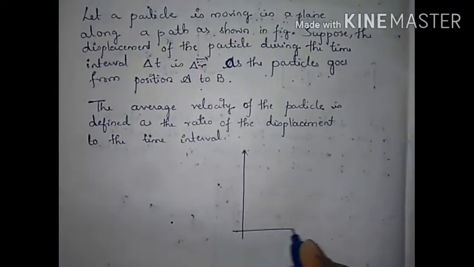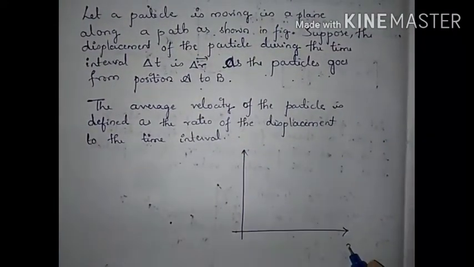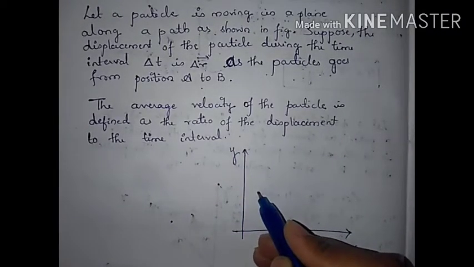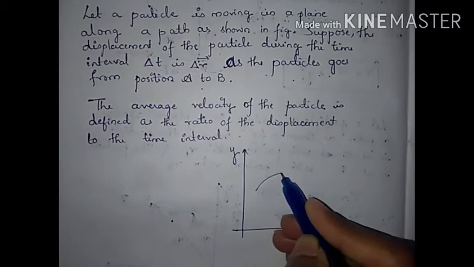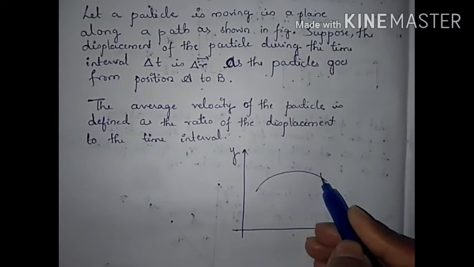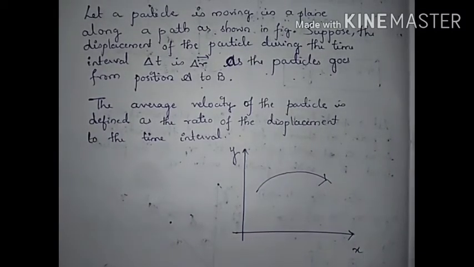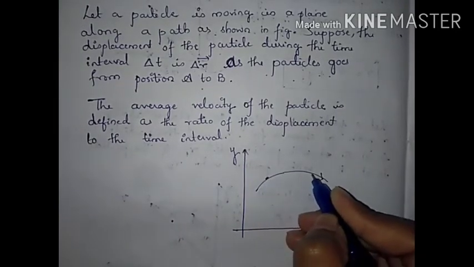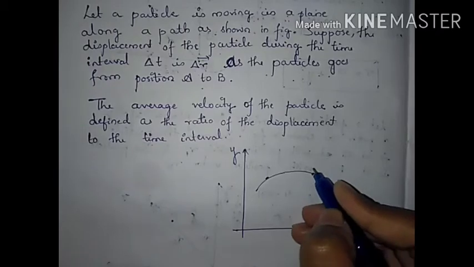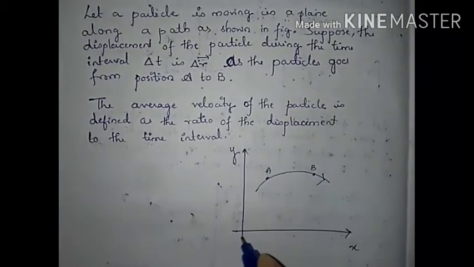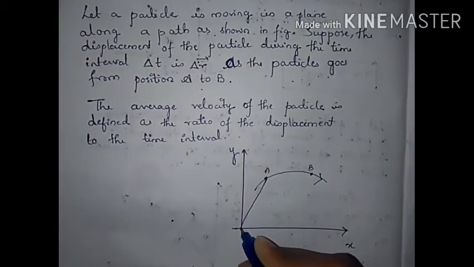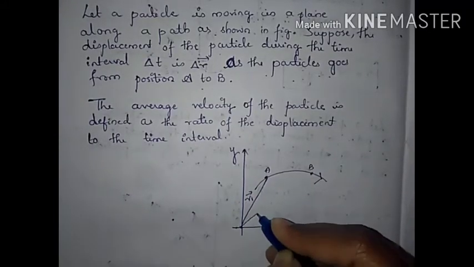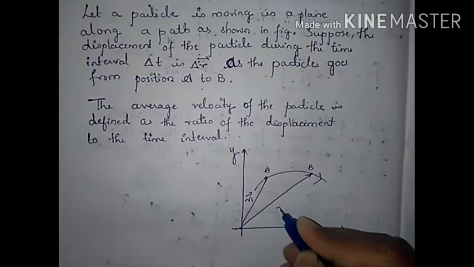So the motion of the particle is in plane, so I have drawn two axes. Now this particle is moving in this direction. So let us take 2 points A and B. A with position vector r1 and B with position vector r2.